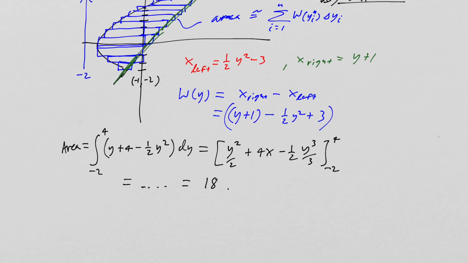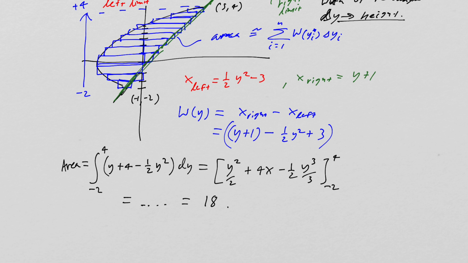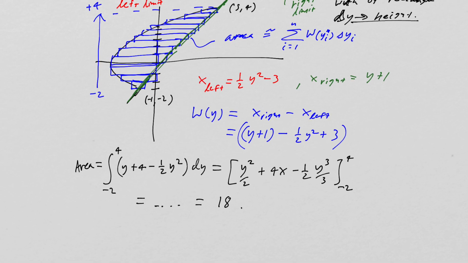So I think I'll stop here and say, now we've got this idea that we can build these areas in this really neat way by constructing an integral to do a specific job. We just had to work with the geometry and figure out the best way to build out those sums of rectangles and then construct the integral appropriately.